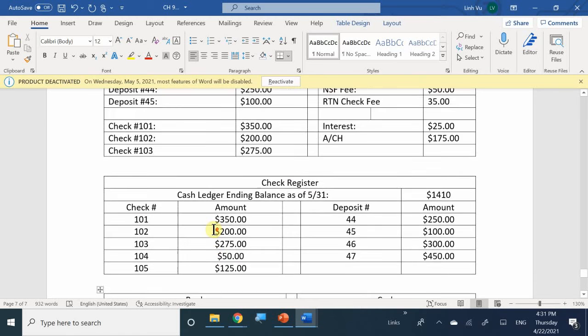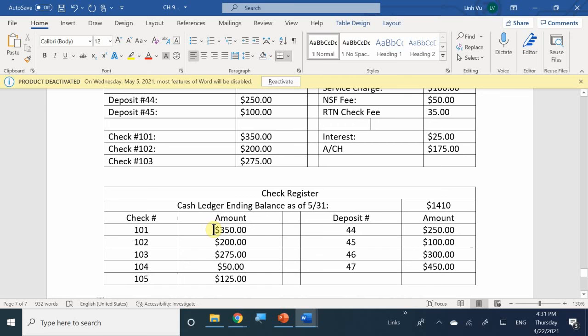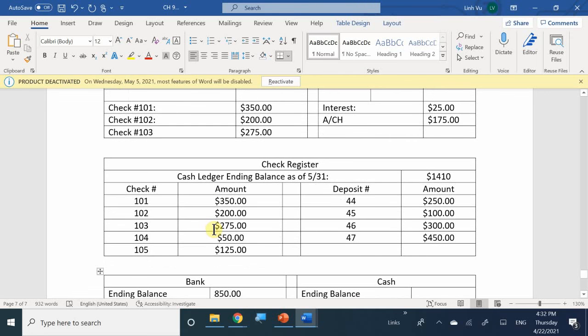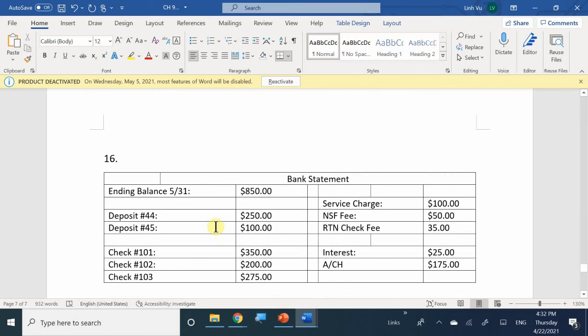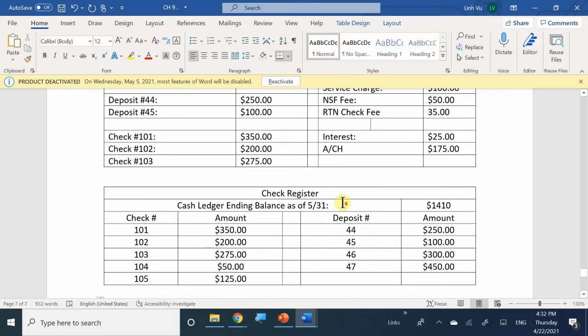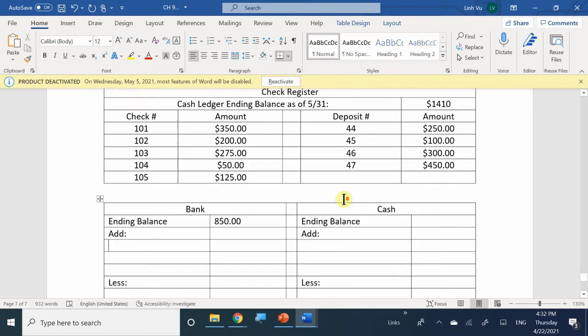So deposits once again. Here on my check register, I have the deposits right here, associated by deposit number. Up here in my bank statement, I show deposits right at the very top. If deposit 44 and deposit number 45 already cleared for $250 and $100, which deposits did not clear? 46 and 47, so $300 and $450.